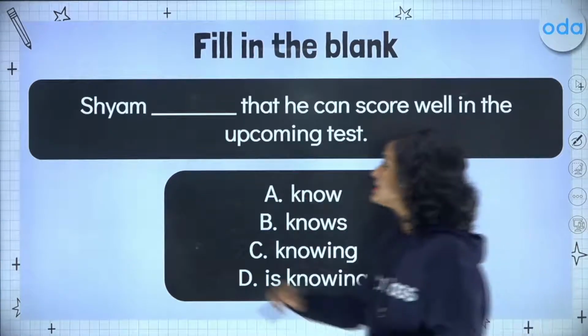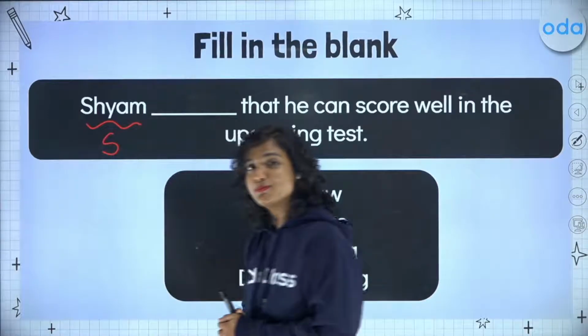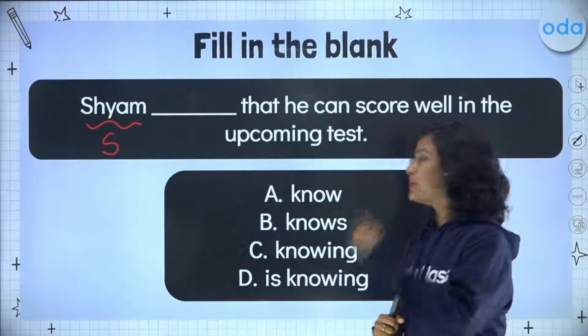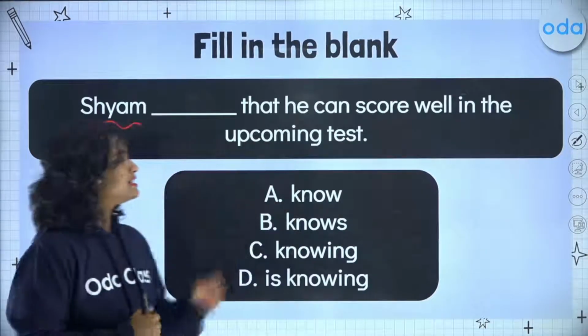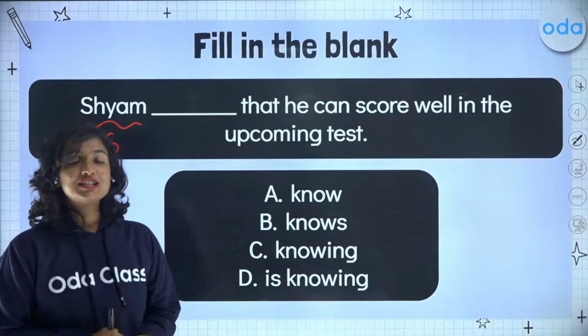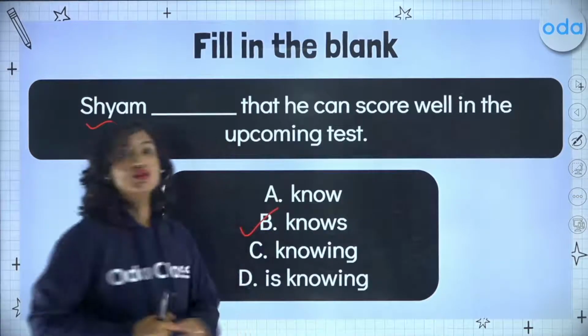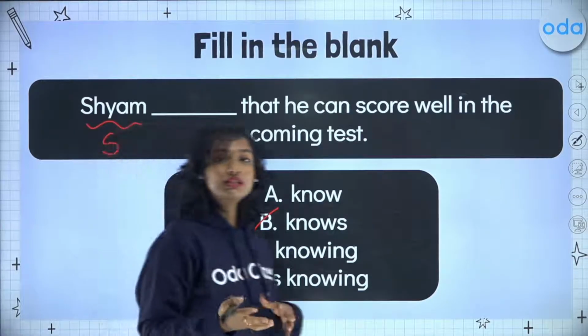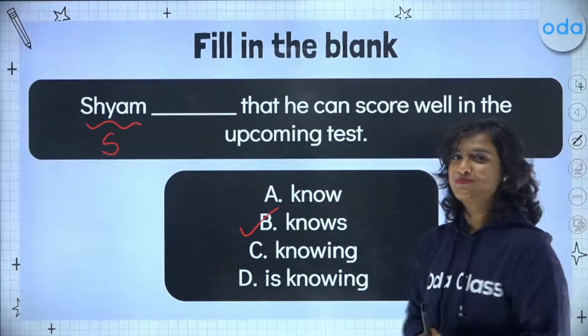We know the subject here is Sham, right? This is a singular subject. It's one person, it's one boy. So tell me, which verb fits into this blank perfectly? Singular subject, so our verb should have an S at the end. Our answer will be "knows." Sham knows that he can score well in the upcoming test.